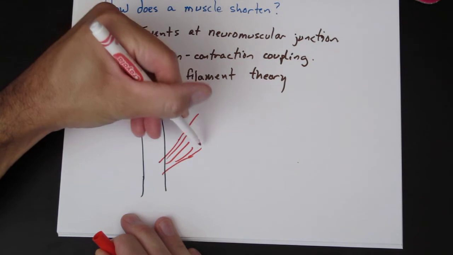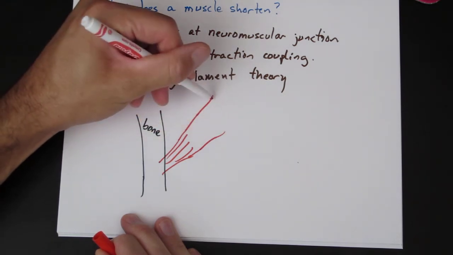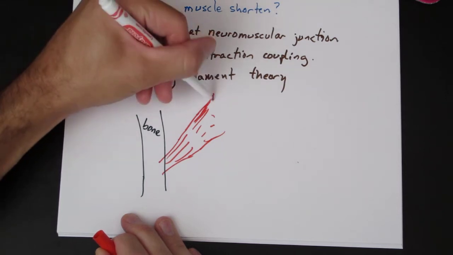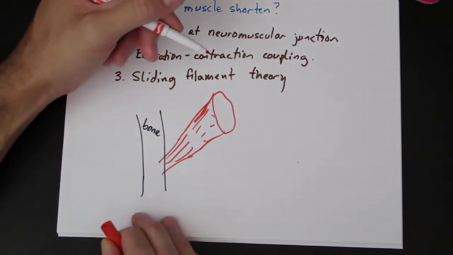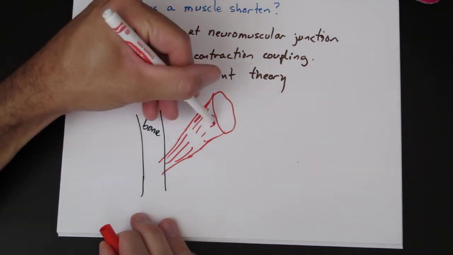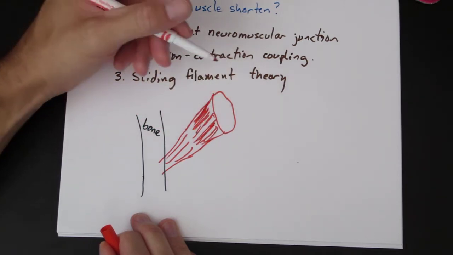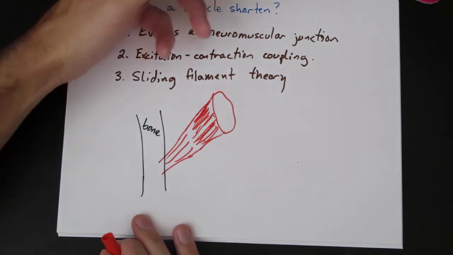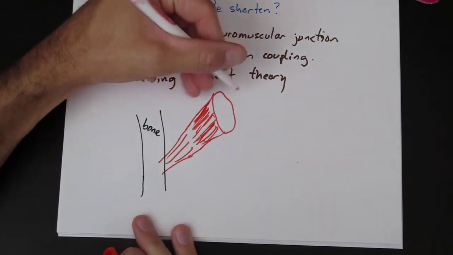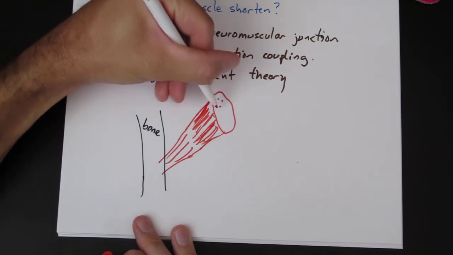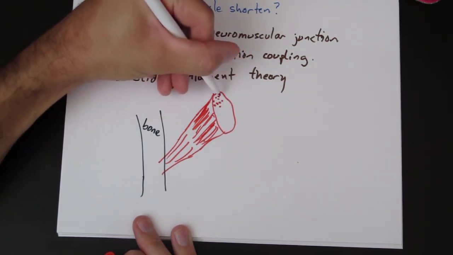And then we have the muscle itself. So it kind of looks like that. We're going to cut that muscle like this, okay? So the muscle itself has these fibers associated with it, and there you have it, my poor artwork, all right? And then the muscle is made up of multiple muscle fibers, okay?